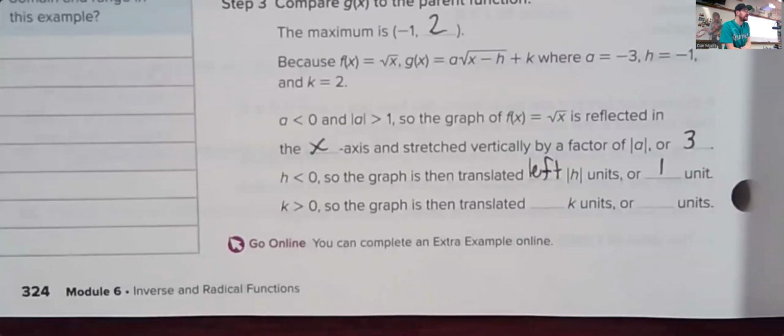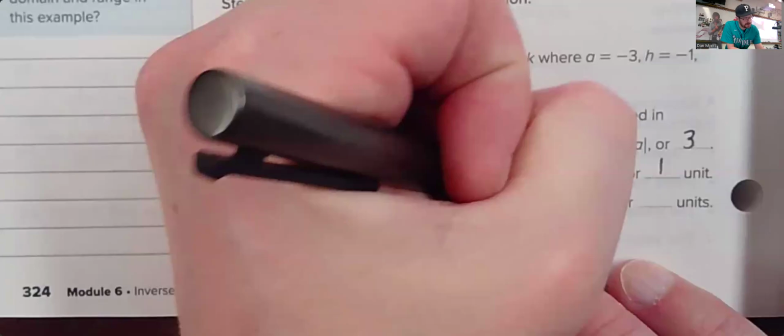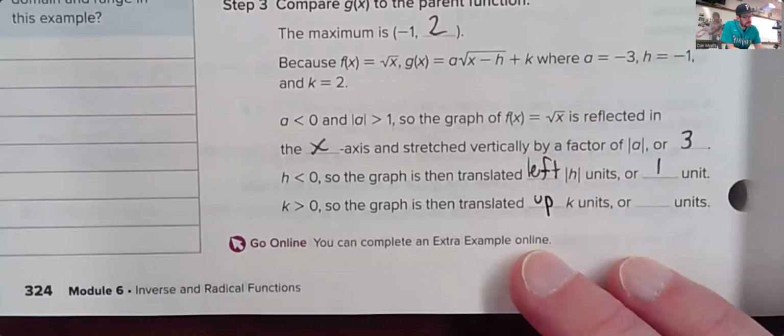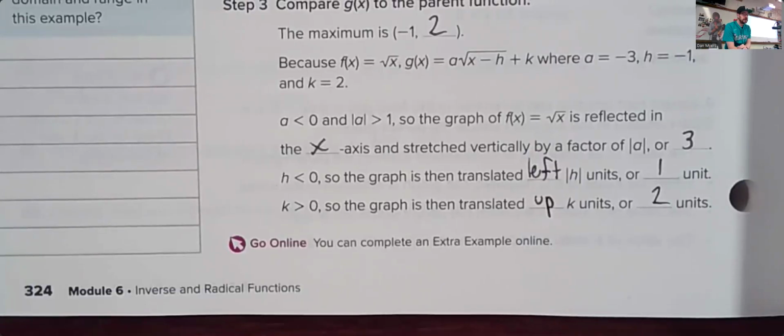That has to do with the domain. The range has to do with the value of k. The translation of k is greater than 0, so the graph is translated up or down? Up. How many units? 2. There you go.